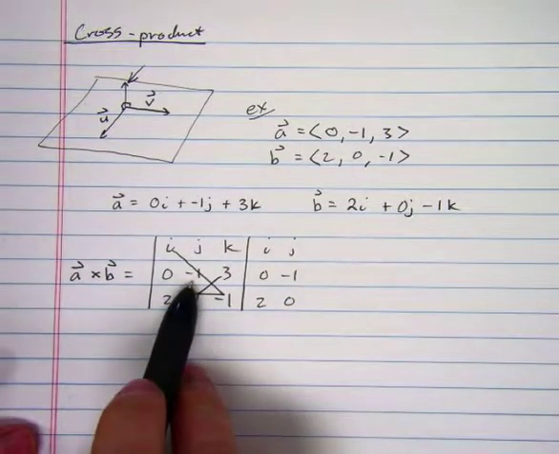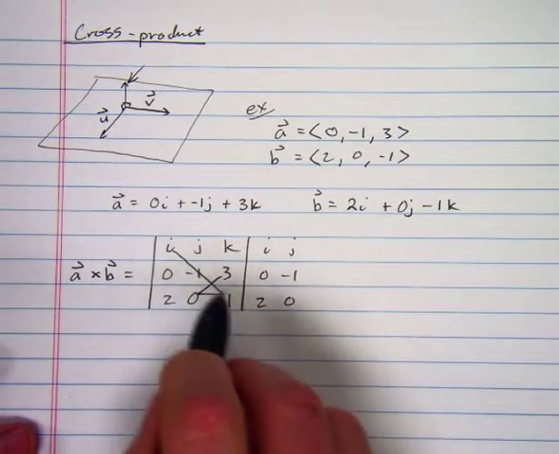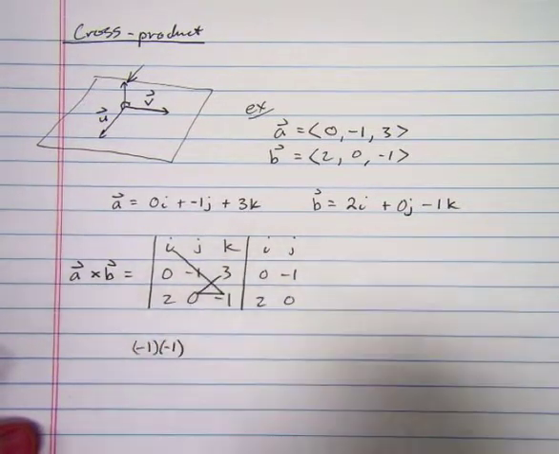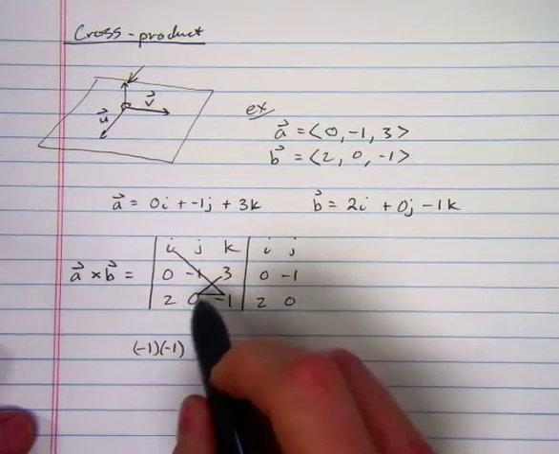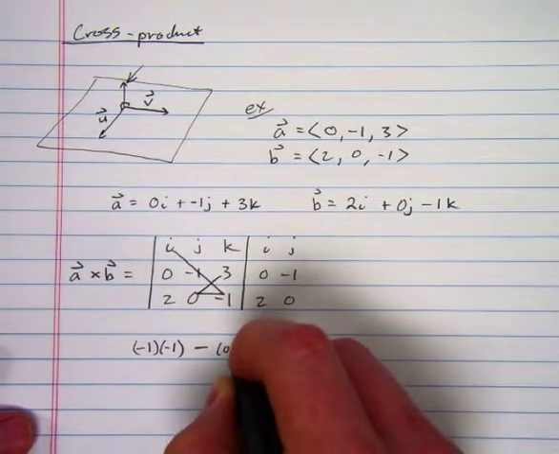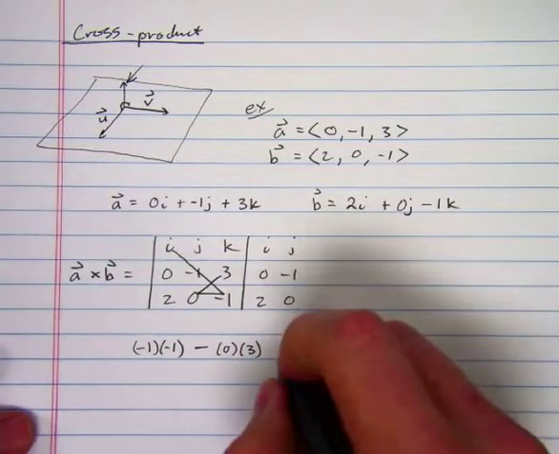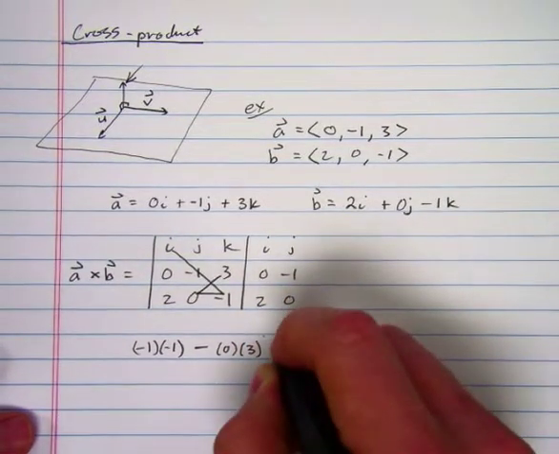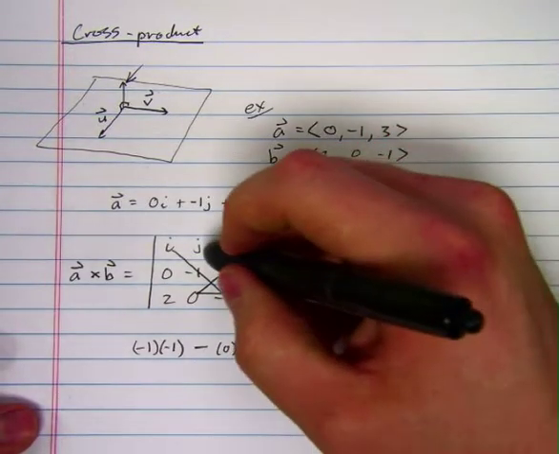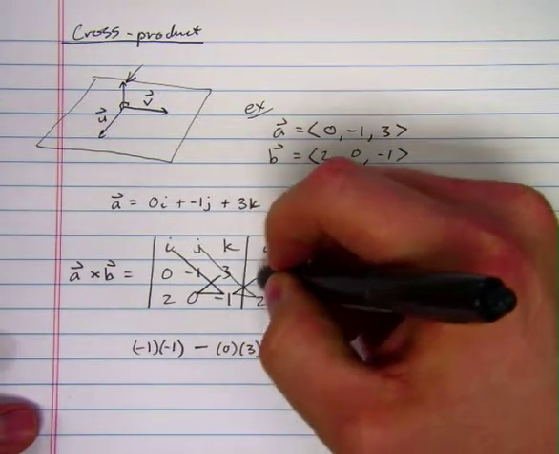So what happens here is that -1 times -1, let me write that out, and then I'm going to subtract 0 times 3. And that's going to be my i part. Okay? So for the next one we do the j cross.